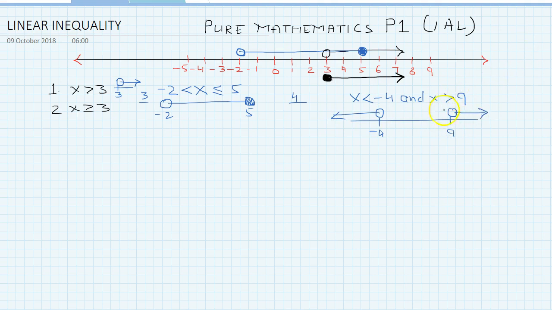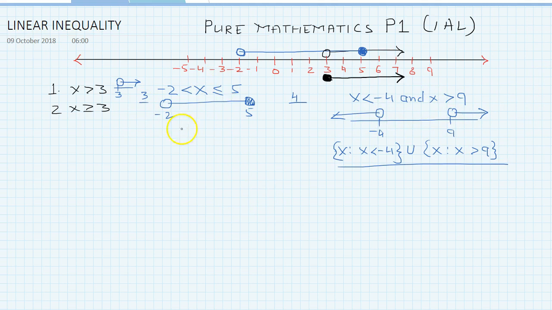So this is the inequality. Then we have to use our symbol for 'and', and we can write this as x such that x is less than -4 and x such that x is greater than 9. So that's how we are going to represent this inequality.